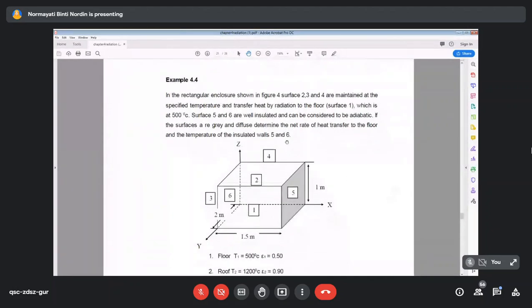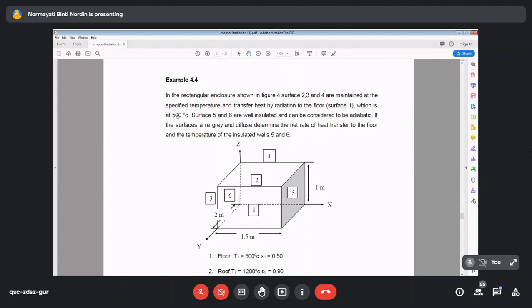So in example 4.4, the rectangular enclosure, you have a rectangular enclosure shown in figure 4. Surfaces 2, 3 and 4 are maintained at the specified temperature and transfer heat by radiation to the floor, surface 1, which is at 500 degrees.